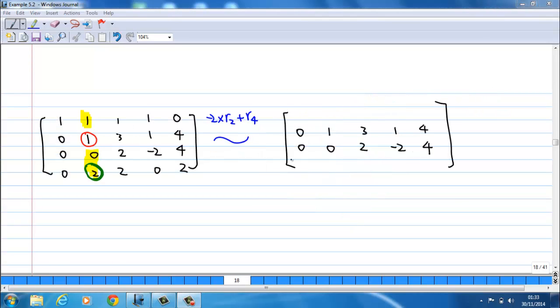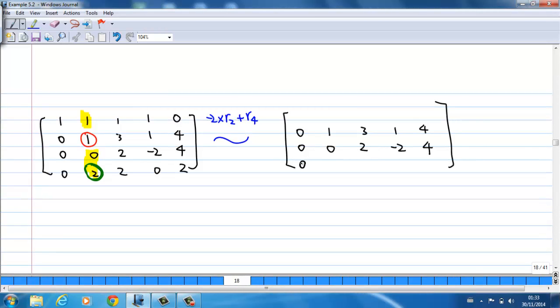In order to create a 0 in the fourth row, second column, you can take minus 2 times row 2, add it to the fourth row, and the new fourth row becomes 0, 0, 3 times minus 2 is minus 6, plus 2 is minus 4, 1 times minus 2 plus 0 is minus 2, 4 times minus 2 is minus 8 plus 2, I get minus 6.